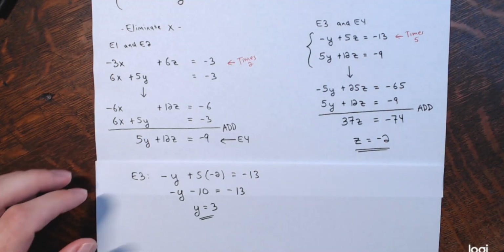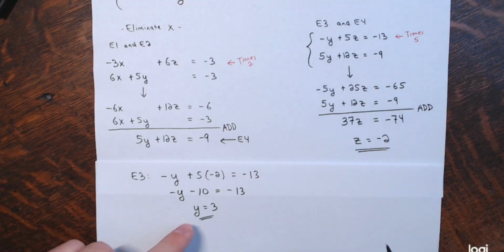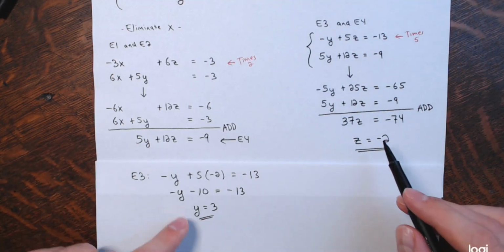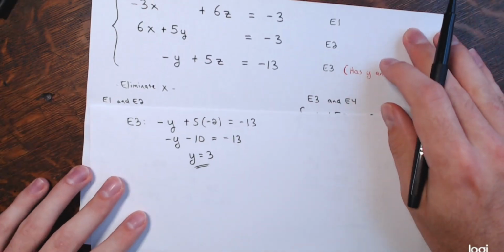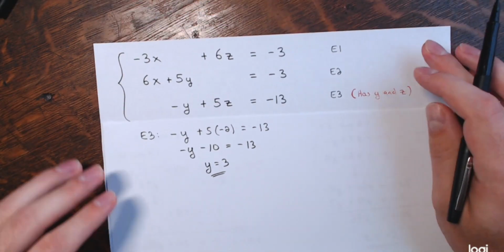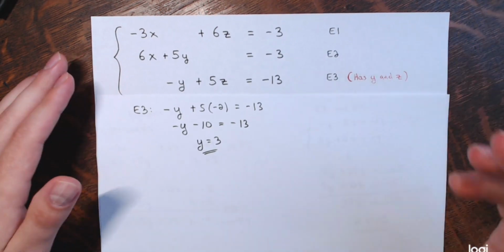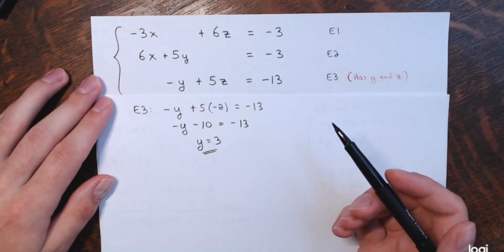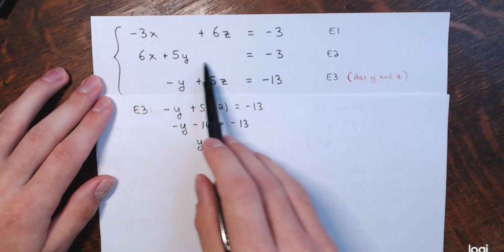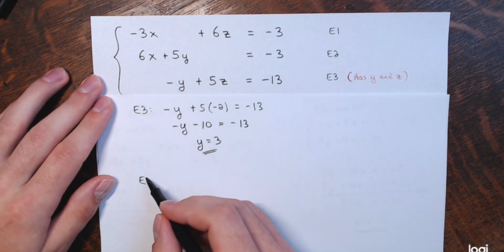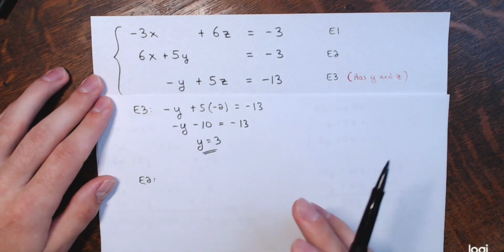So now I have the z value and the y value, and now I can go back to any of the original equations that have an x in it and solve for x. It really doesn't matter. I'll go to equation 2. It doesn't matter as long as you pick one with x in it.